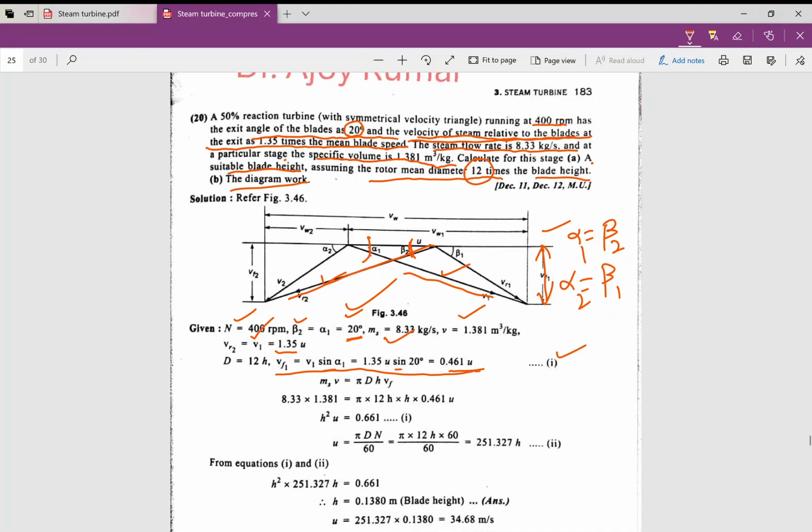Now, blade height is given in terms of D. So let us write down m_s equals rho times pi D H Vf, or V_f over specific volume. In this equation, blade thickness is neglected since nothing is mentioned in the numerical about blade thickness.